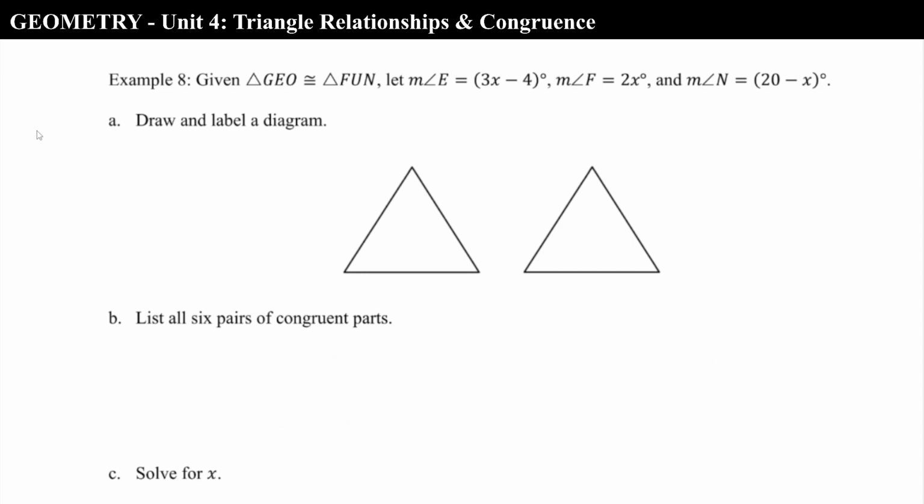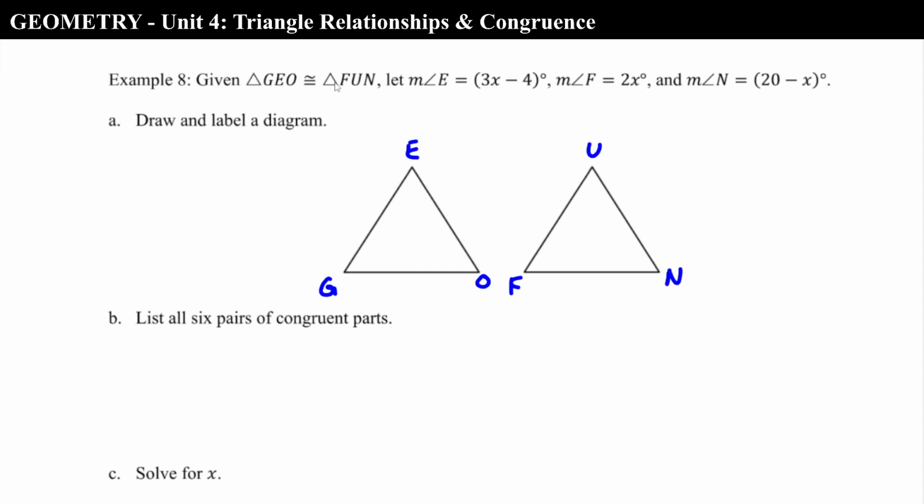So first we're going to draw and label a diagram. So we're going to have triangle GEO, and we're going to have triangle FUN, and we're going to label these in the same order as what our similarity statement, or I should say our congruence statement, tells us. Okay?